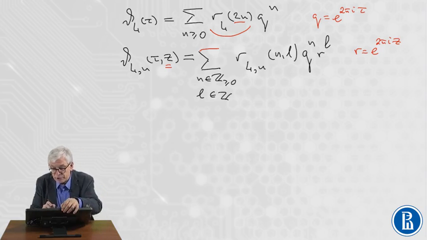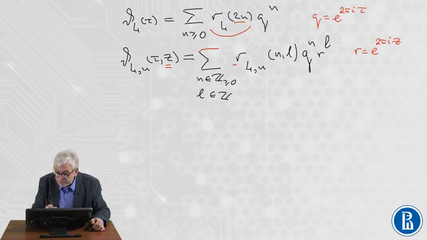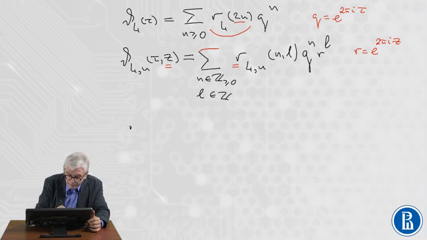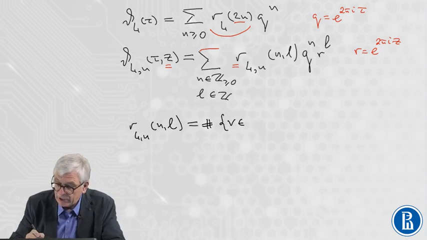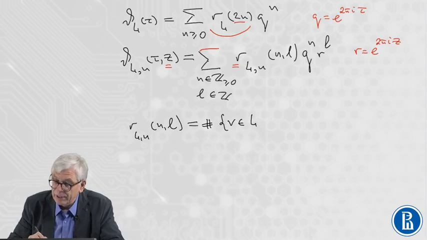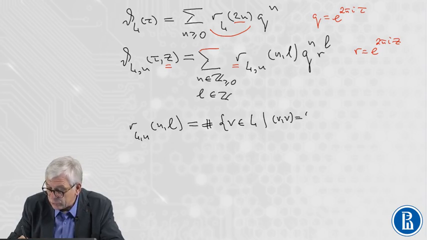The partition function, or the Fourier coefficient R, is an arithmetic function of the following type. This is the number of all vectors in L such that the square is equal to 2n and the scalar product with u is equal to l.